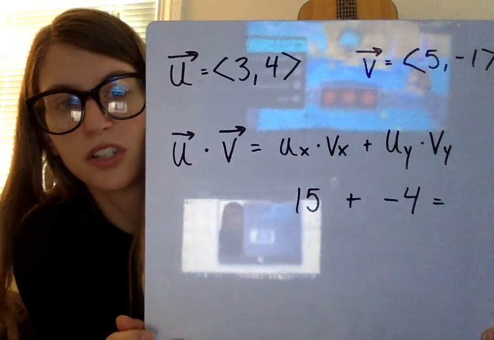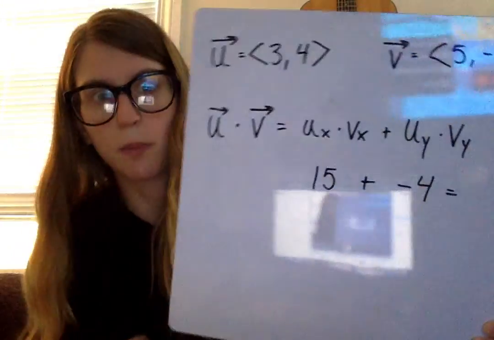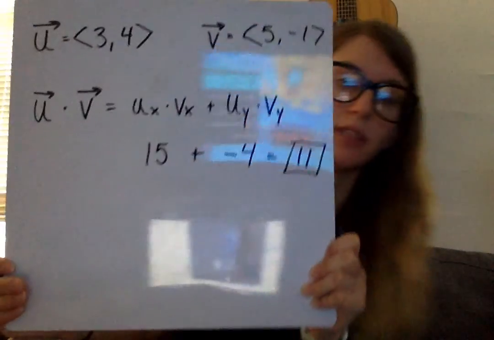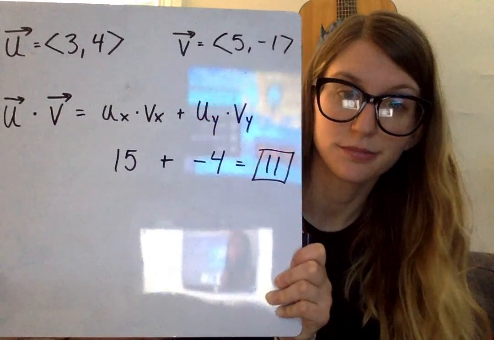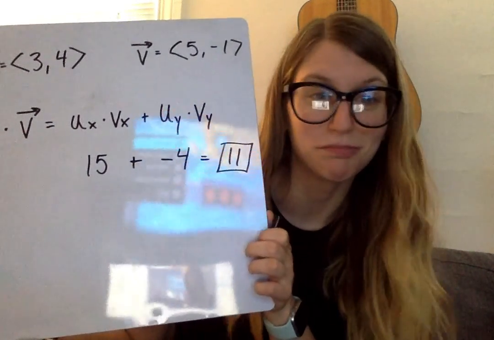And then it's just addition, guys. Well, technically subtraction, but it's just this part right here, 15 plus -4. My answer is 11. That's it. That's multiplying vectors. You just get a number. It's easy peasy.